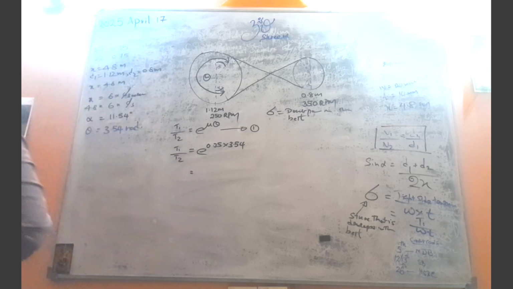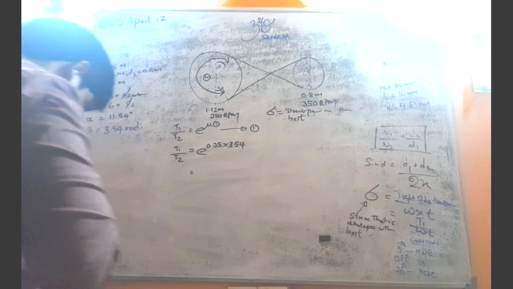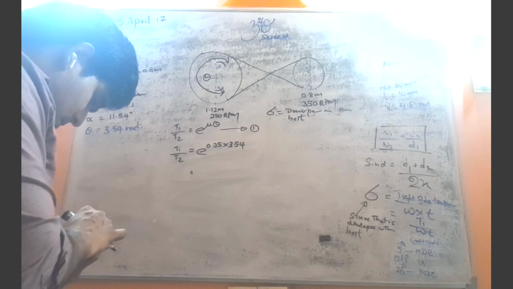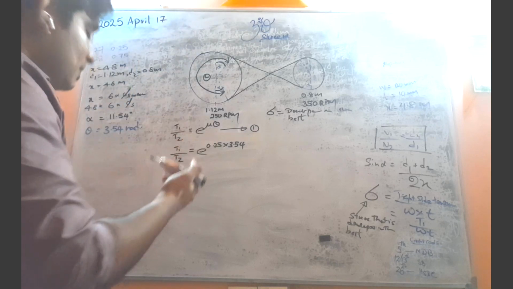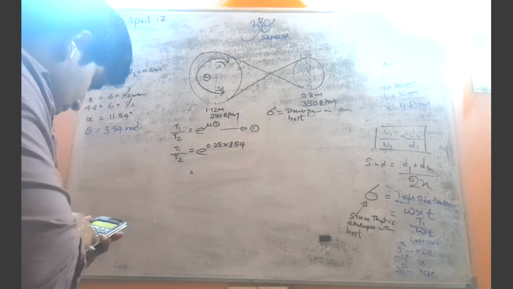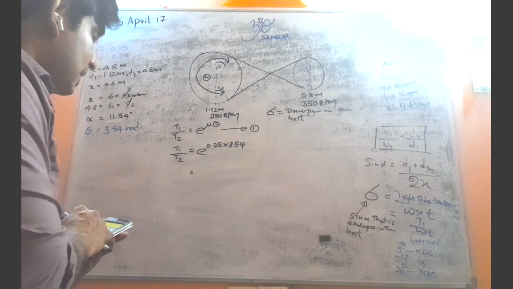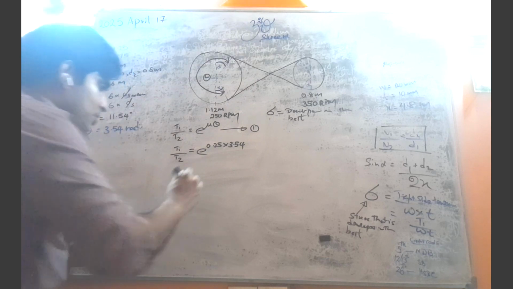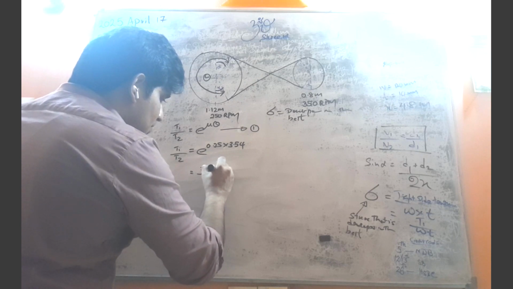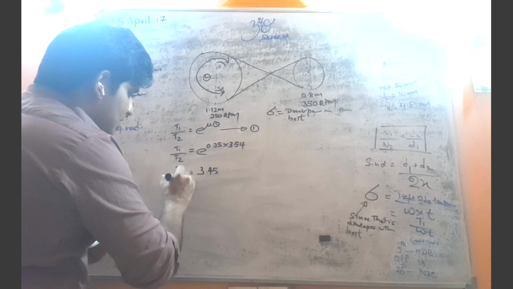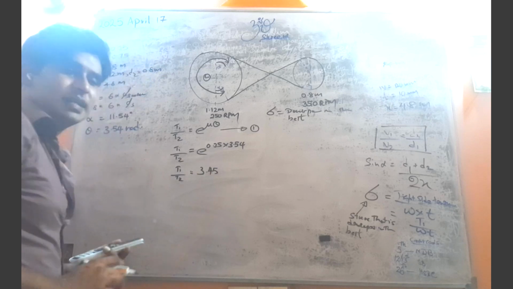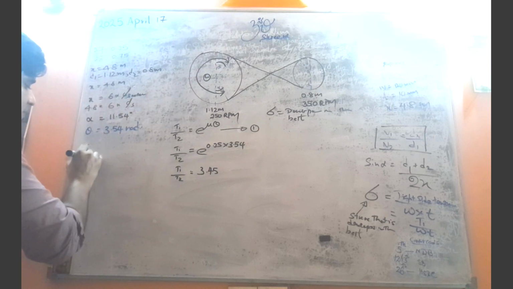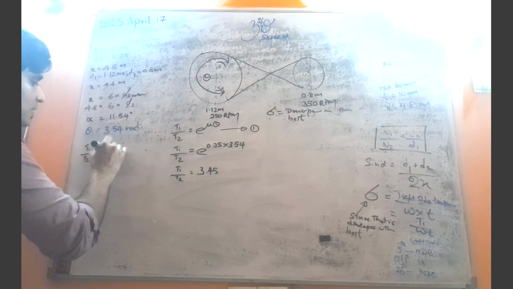If you carefully do the calculations, e to the power 0.35 multiplied by 3.54, we have 3.45. T1 divided by T2 equals 3.45. So that is one equation.